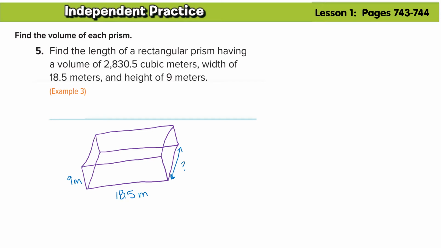But I know the volume equals 2,830.5 meters cubed. So we're going to plug what we do know in, okay?